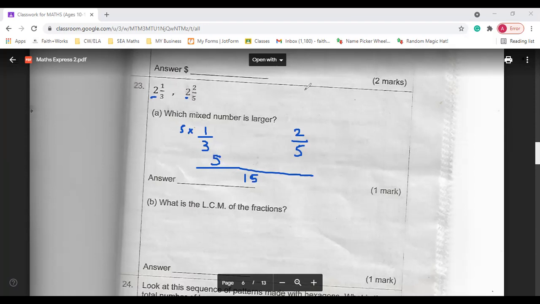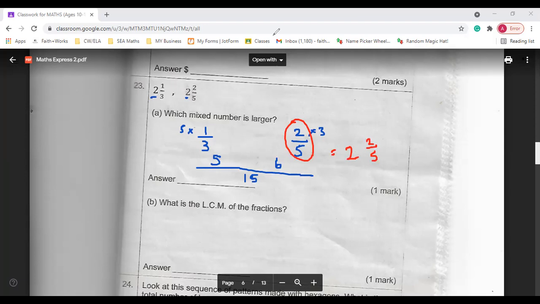So we're changing them into equivalent fractions as well. 5 can go into 15 3 times. 2 3s are 6. So just by looking at them, a third will now become 5/15. 2/5 will become 6/15. So obviously, 2/5 is larger, so therefore 2 and 2/5 is larger.